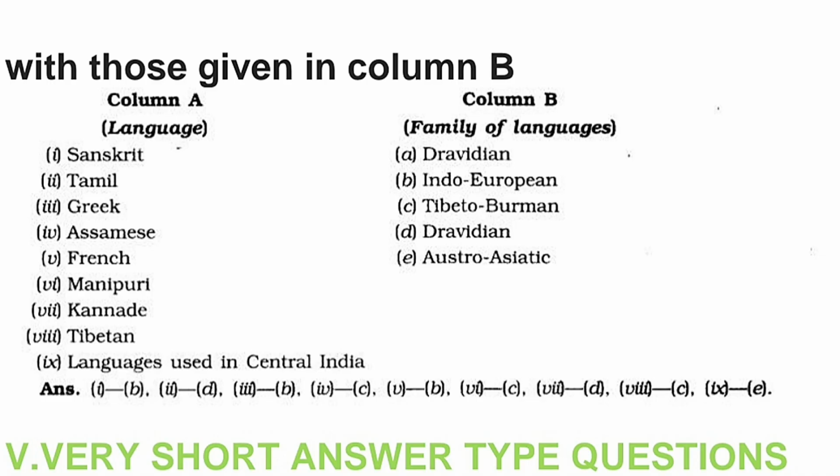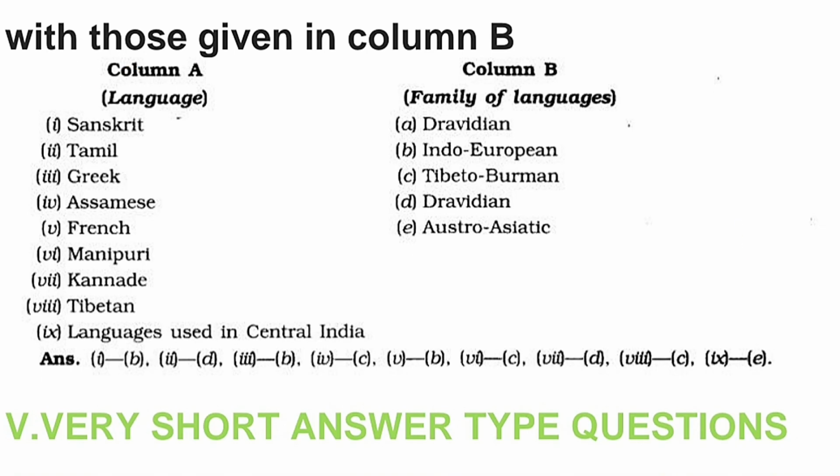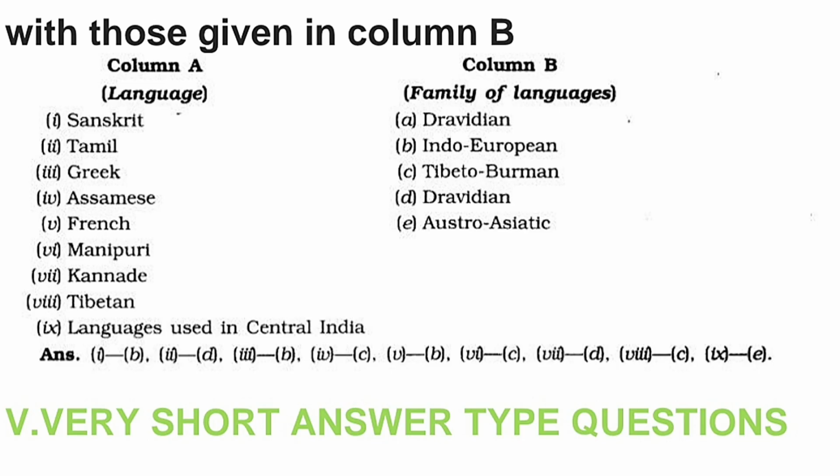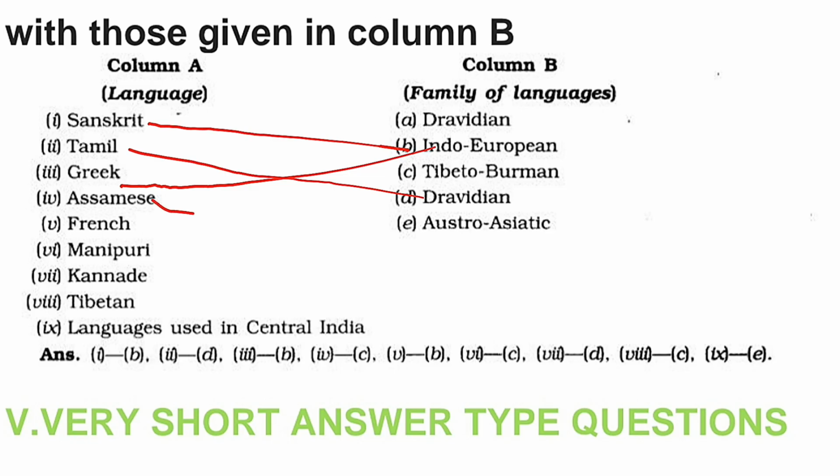Next question is, match the following items given in the columns. Okay, so let's see the match. First is Sanskrit. Right answer is Indo-European. Okay, and second is Tamil. Tamil is Dravidian. Okay. Next is Greek. Greek is Indo-European. Okay. Next, fourth is Sino-Tibetan.